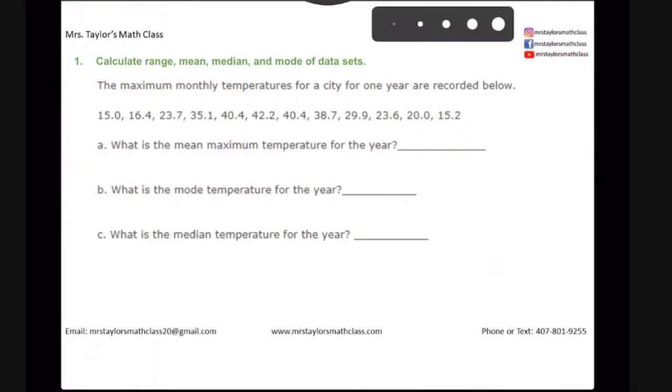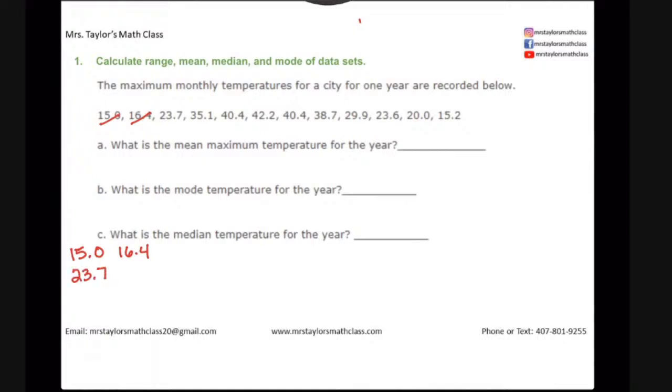Okay, so I think I need to do it with a skinny pencil. It's a lot of stuff here. To help me not get confused, I like to do this, so I'm going to show you what I do. I see I got 15.0, and then I got 16.4. Let's cross them out. Then in my 20s, I got 23.7. Then I have 35.1 and 40.4.